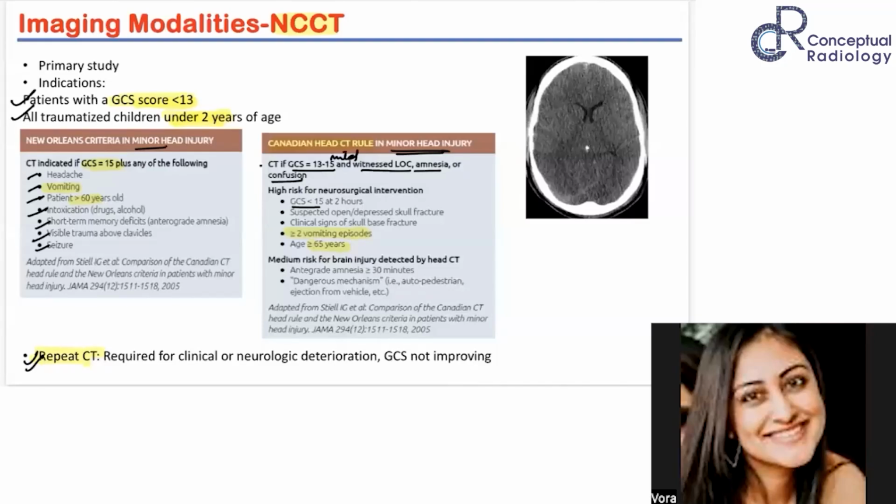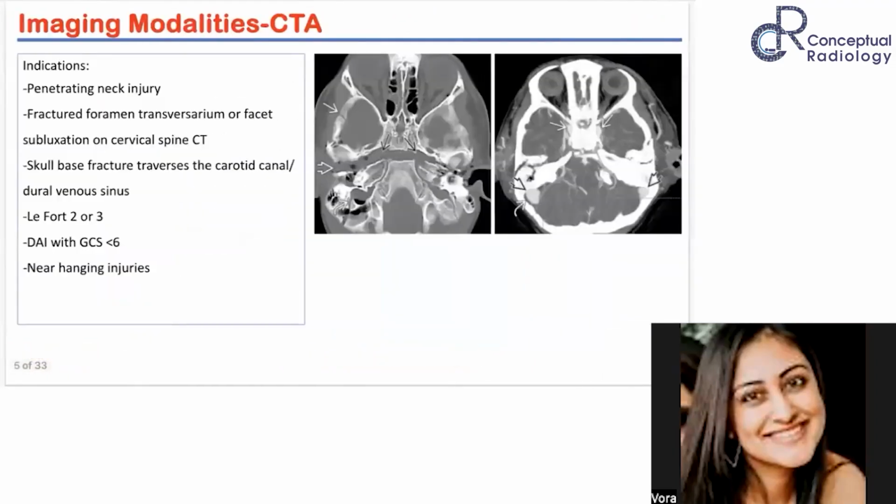If the GCS is not improving, or there is some deterioration, as simple as that, you would want to do a repeat CT. And usually in trauma centers, you will see most patients with hemorrhagic contusions are followed up on CT 24 hourly, because an increase in the edema is expected at around 12 to 24 hours. So that is what is usually done.